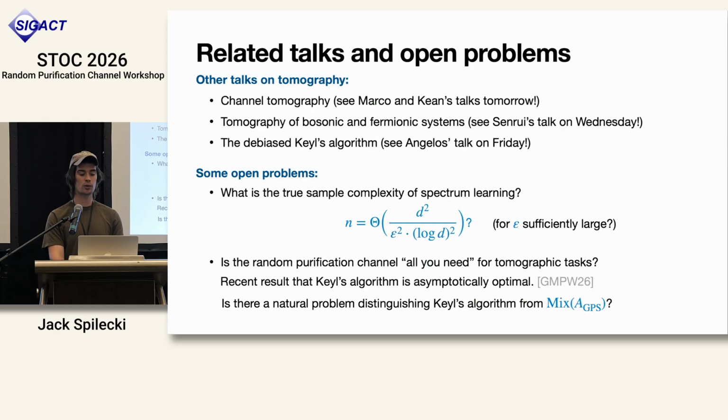And so I think it's an interesting question to ask, is there a natural problem where you have a sample complexity separation between Keyl's algorithm and say mixed GPS or something like this?